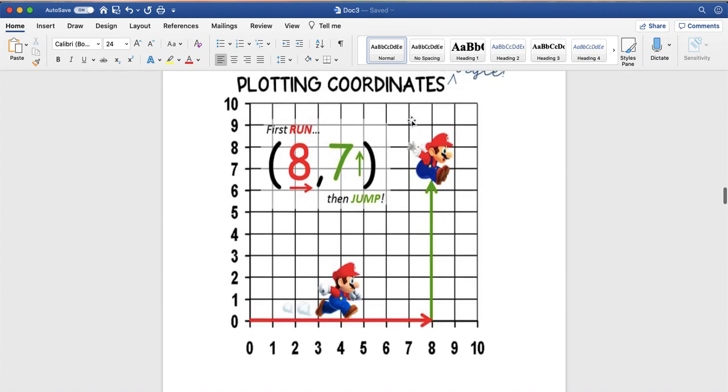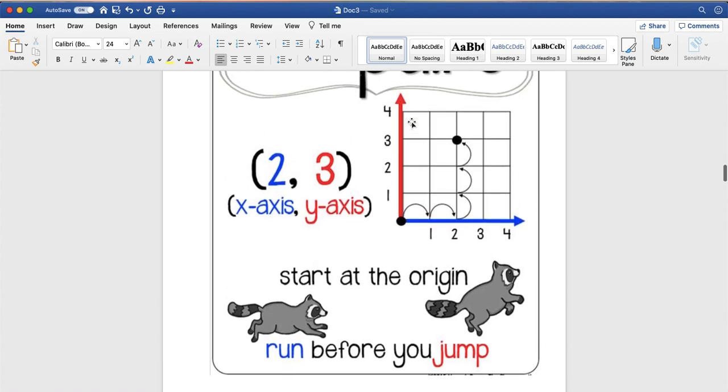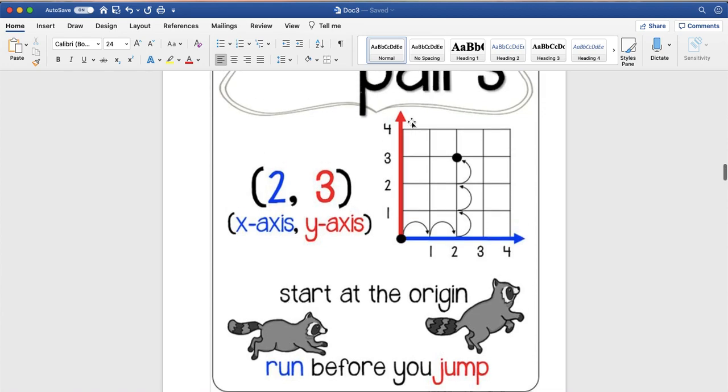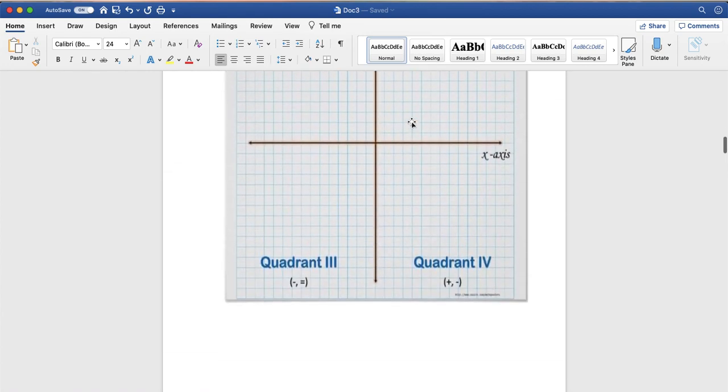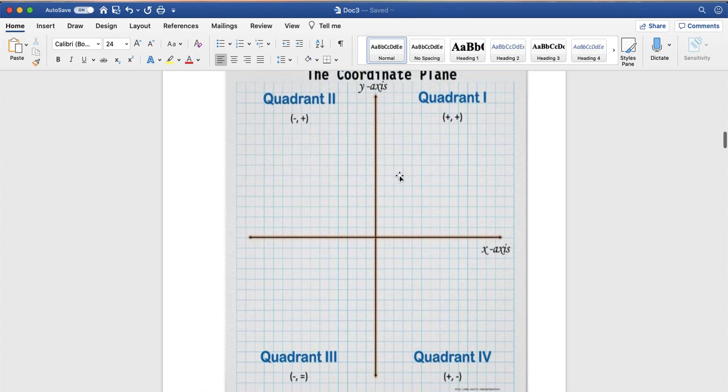And also the last one is that our coordinate plane looks like a T or a cross, and it's separated into 4 different boxes, and each box is called a different quadrant number. We have quadrant 1, quadrant 2, quadrant 3, and then quadrant 4. And remember, y-axis goes up and down, x-axis goes side to side.